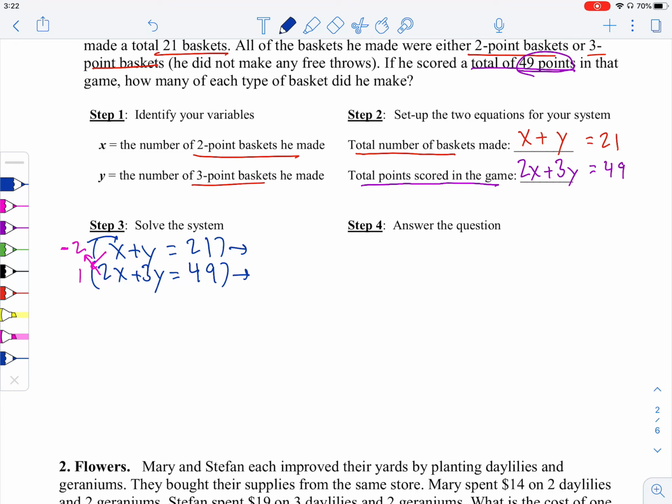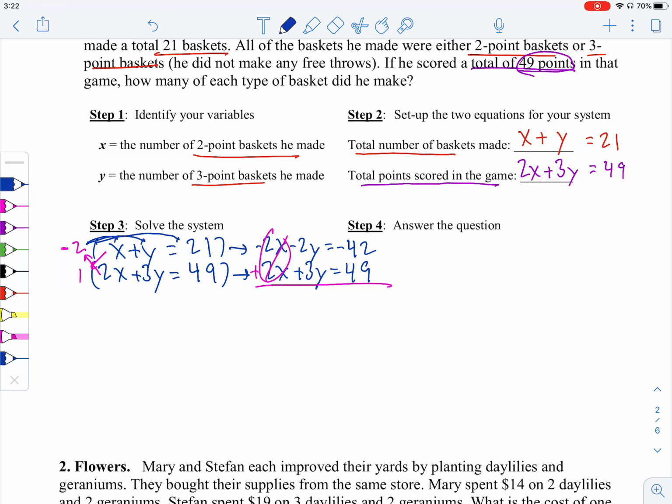So we have negative 2x, negative 2y, and negative 2 times 21, negative 42. The bottom equation just comes over. Now we can add to eliminate.